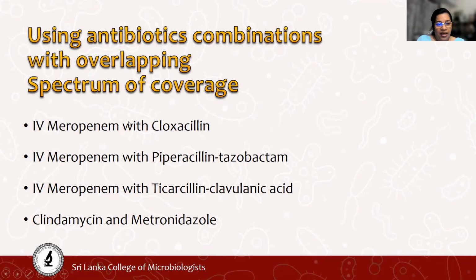So there's no additional benefit apart from toxicity by giving these drugs together. Similarly, clindamycin and metronidazole, because both are for anaerobic cover. If you have started one, there's no point in adding the second one.